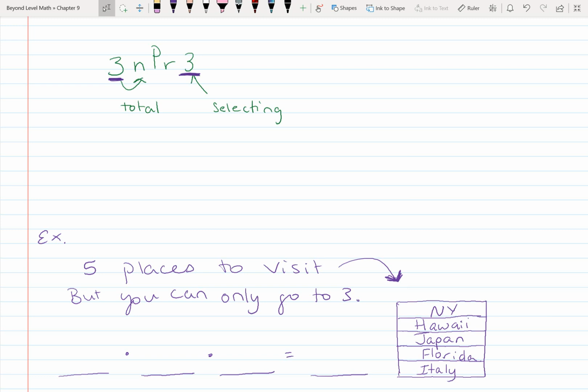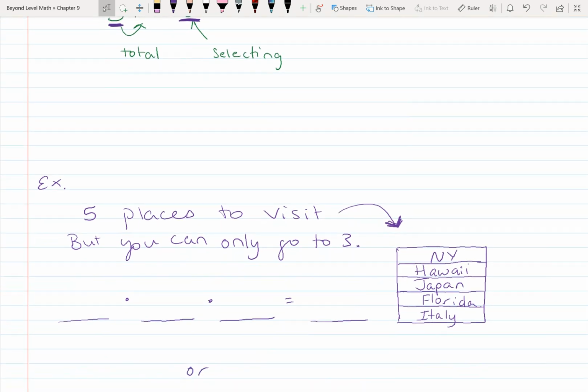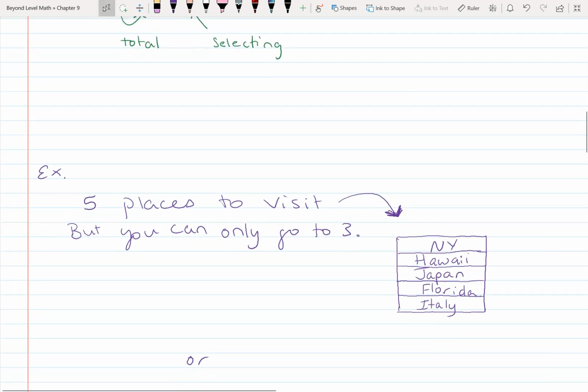So we've got 5 places to visit. So Hawaii, Japan, Florida, Italy, and I missed New York. But you can only go to 3 of those. Now, if you go to 3 of them, that means you can't stay in New York for all 3 times, right? You've got to go to 3 different places. Now, it's 5 places to go.